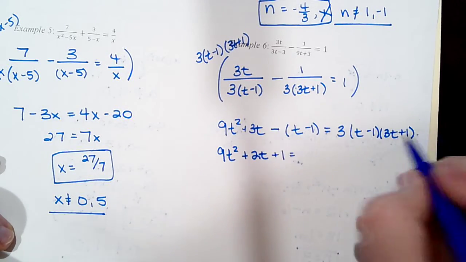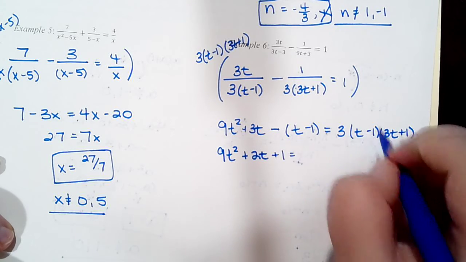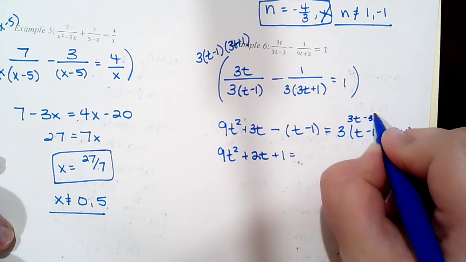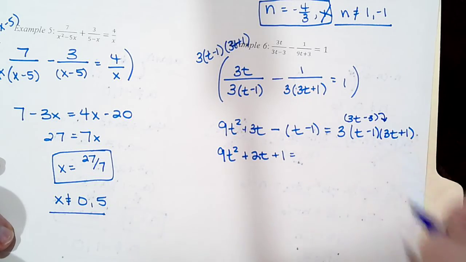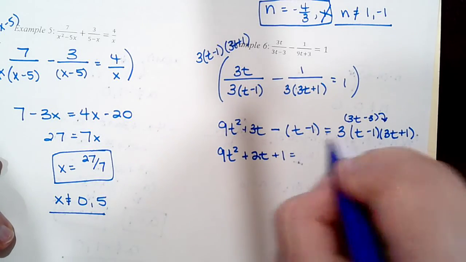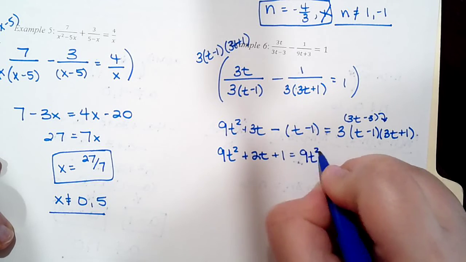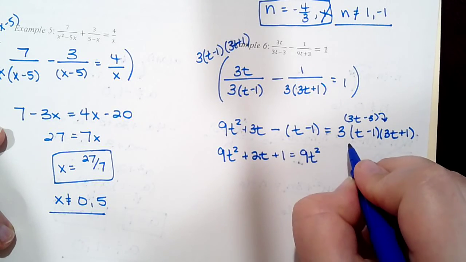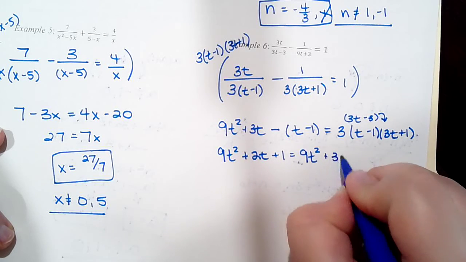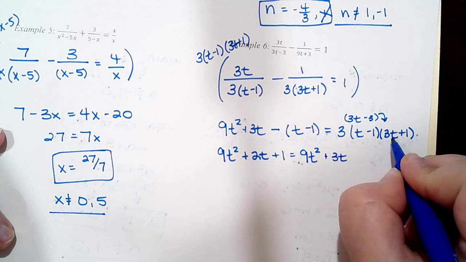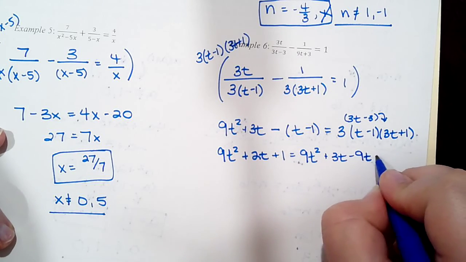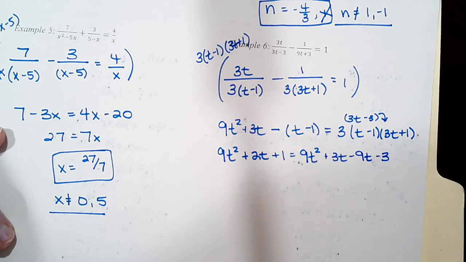And it equals, just to make this easier, I'm going to make this into 3t minus 3, and then I'm going to FOIL it with this one. 3t times 3t is 9t squared. 3t times 1 is positive 3t. Negative 3 times 3t is negative 9t. And negative 3 times positive 1 is negative 3.